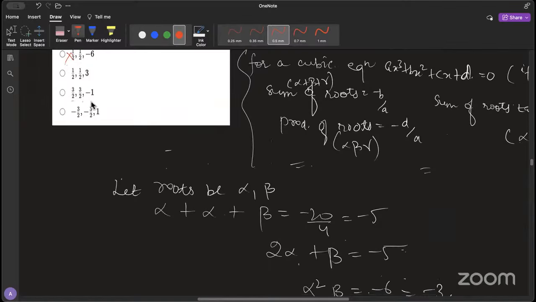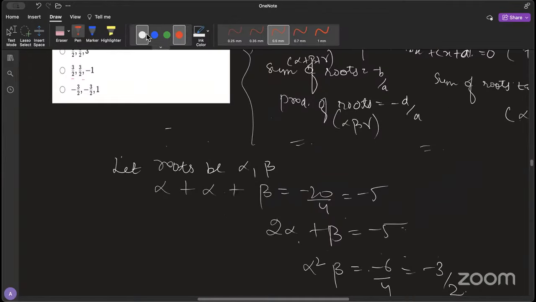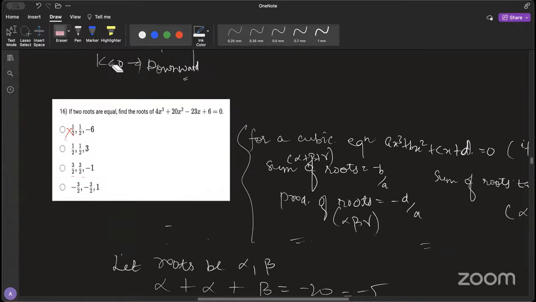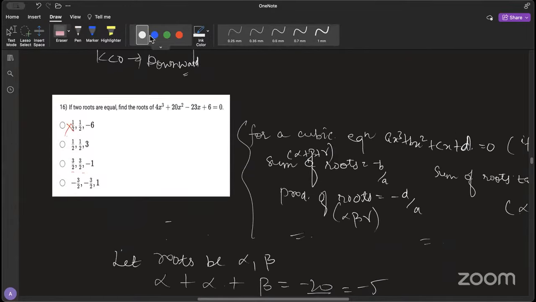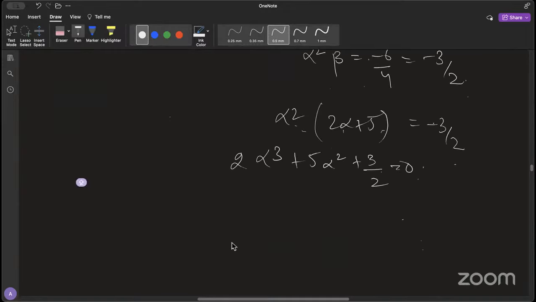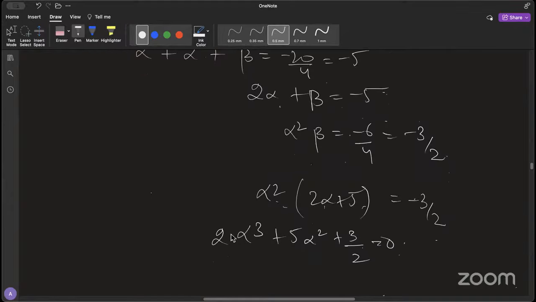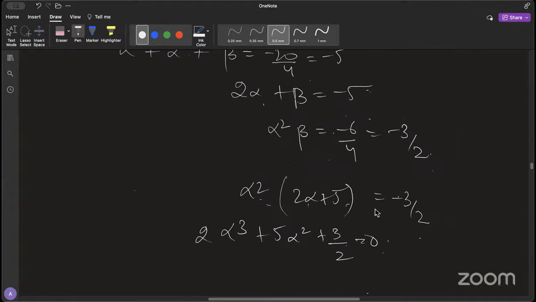Then let's come to this one. Let's substitute 3 by 2. You'll have, okay, wait. We've made some sign mistake. What is it? Beta should be equal to minus 2 alpha minus 5. If you take a negative here, that might change things, right?